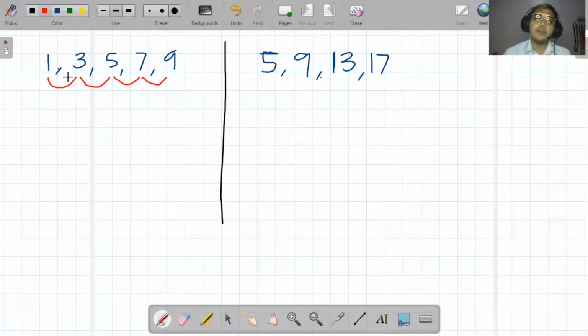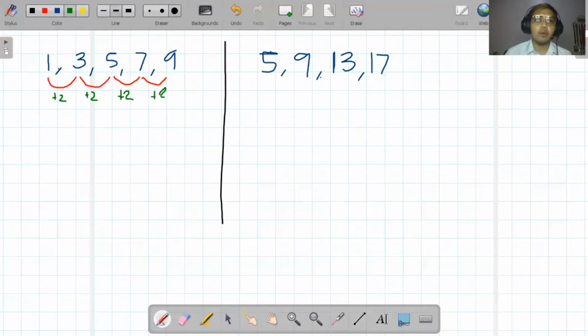So, if you think of it, you have an added 2. So, 1 plus 2 is 3. 3 plus 2 is 5. 5 plus 2 is 7. 7 plus 2 is 9.